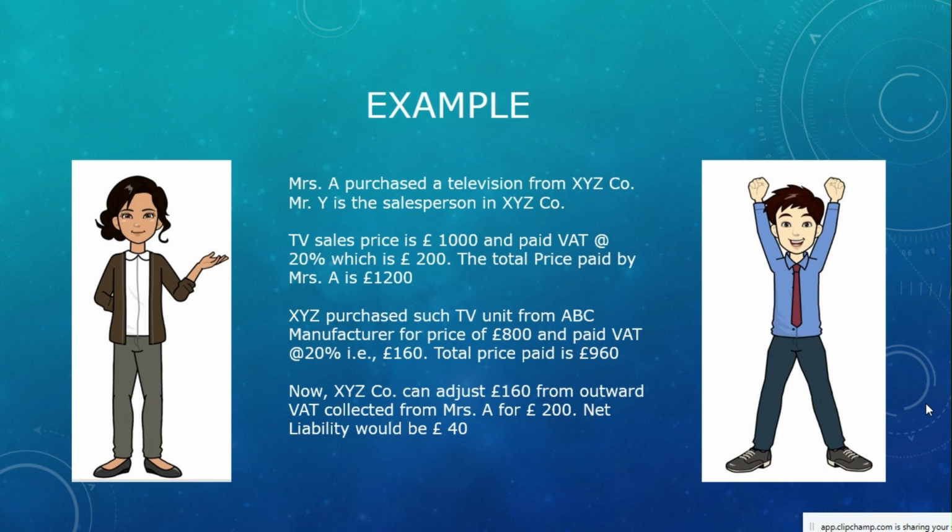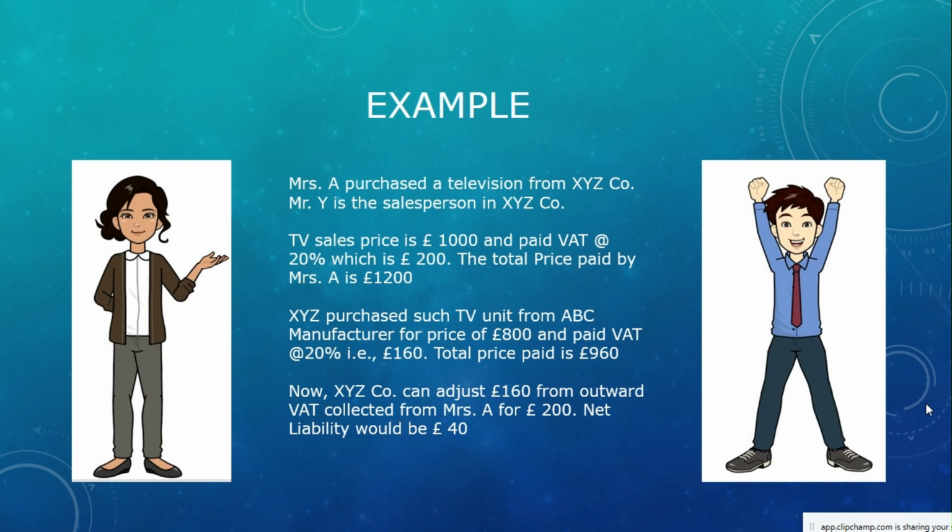Now Mrs. A is procuring goods. Television is categorized under goods, and the standard VAT applicable on the television is 20%. So if Mrs. A wants to purchase that television, she is required to pay 1,000, the sale price of the TV, and 200 of VAT on that TV.